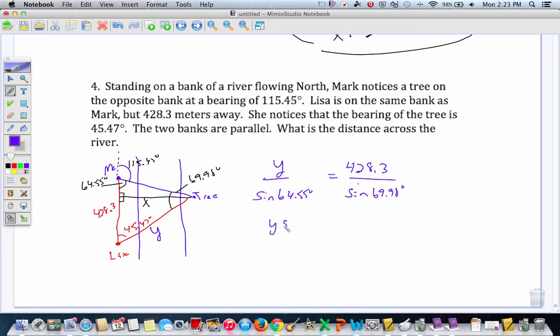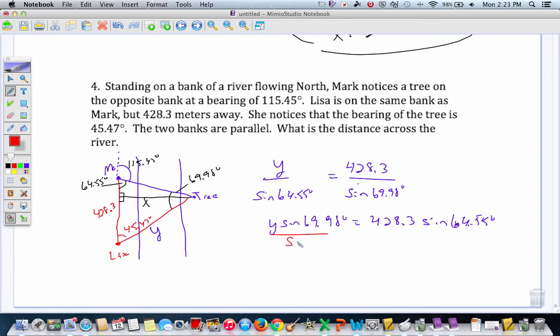I could cross multiply and solve here, so y times the sine of 69.98 degrees equals 428.3 times the sine of, oops, how about 64.55 degrees? Just making all sorts of mistakes over here, not paying attention to what I'm doing. So 64.55 degrees.